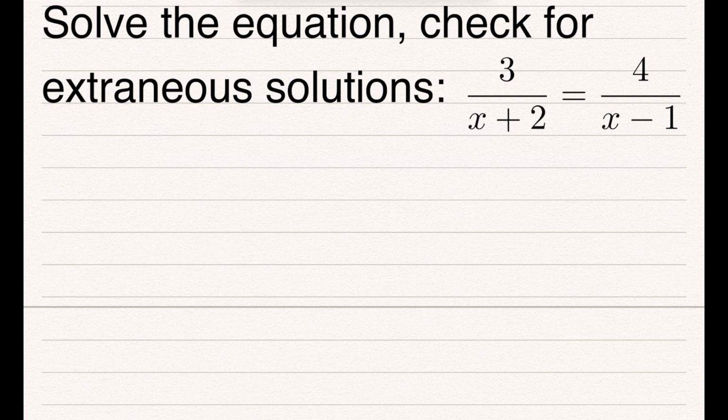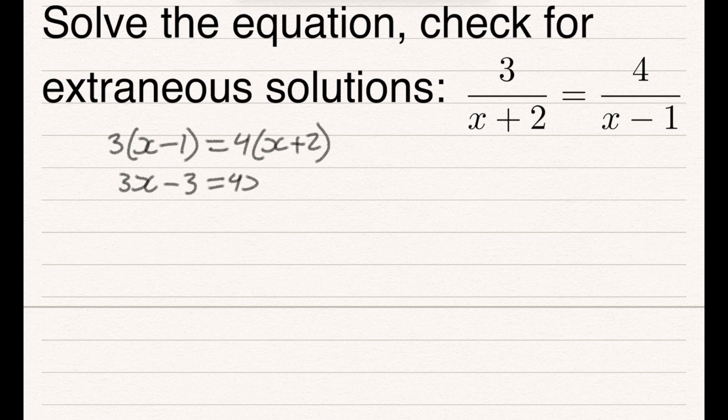So we'll do 3 times x minus 1 is equal to 4 times x plus 2. That will give me 3x minus 3 is equal to 4x plus 8.